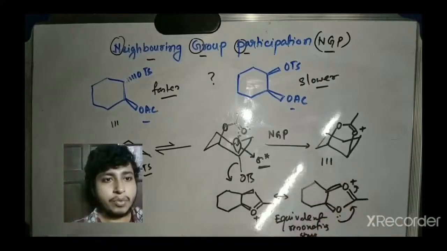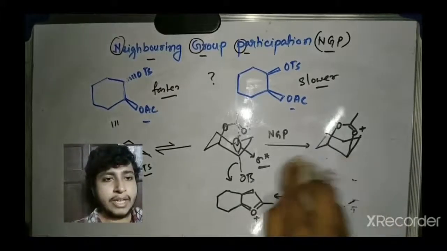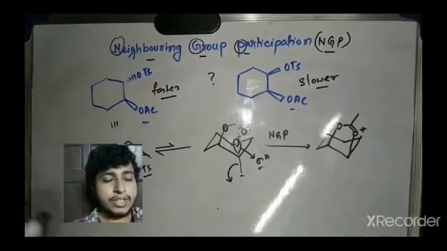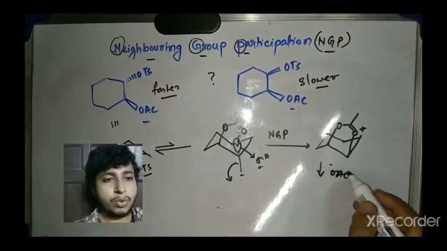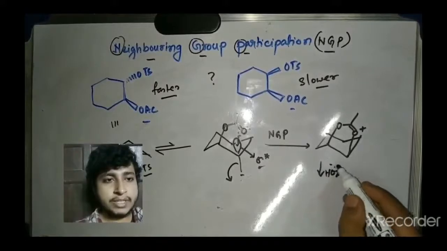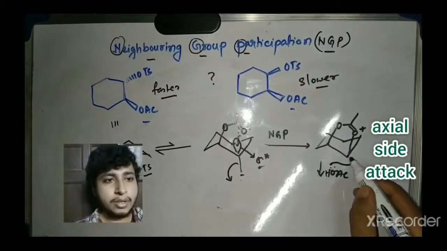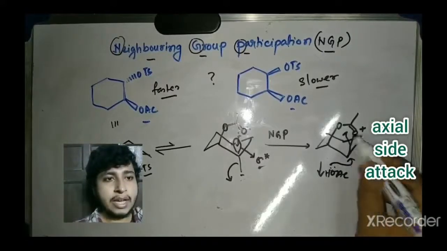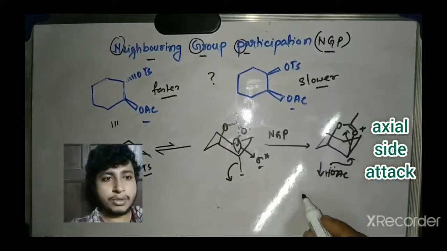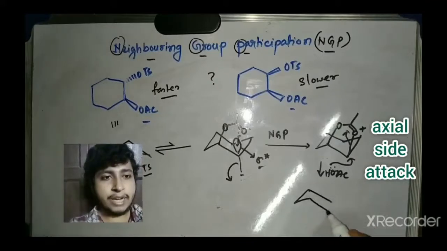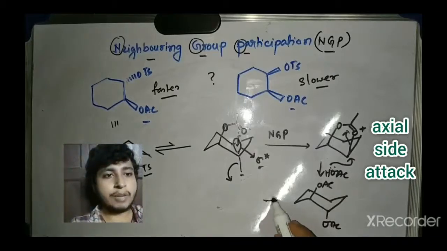Now what will happen? The HOAc, that means acetic acid, whatever is there in this reaction medium, the lone pair on the oxygen of this acetic acid will attack from the equatorial side, and this will open, and we will get a compound where in this chair form one OAc will go in the axial position and the other OAc will also come in the axial position.